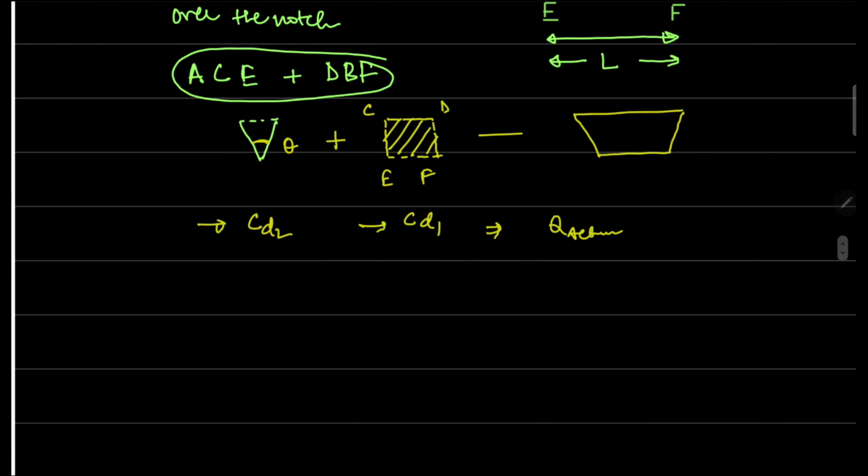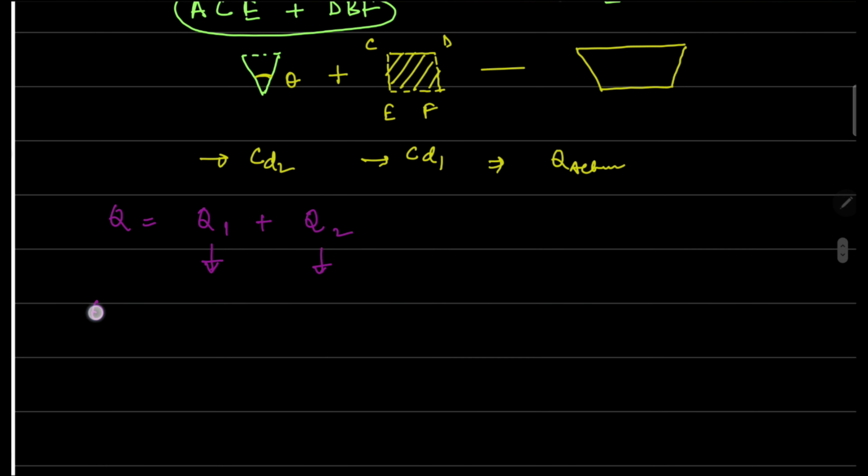Let's say Q is the discharge over the trapezoidal notch, and this is a combination of Q1 plus Q2, where Q1 is the discharge over the rectangular shape of notch, and Q2 is the two half triangular notches, or you can say if you combine them, a triangular notch.